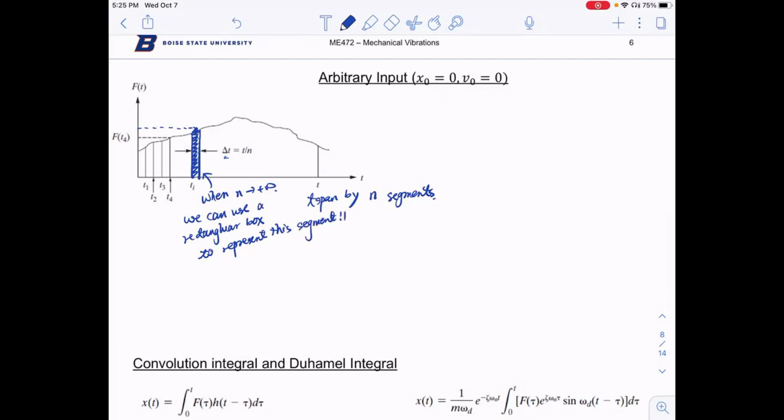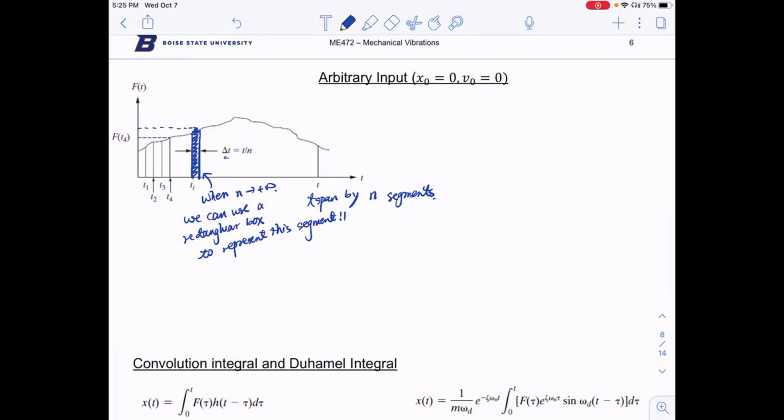Make sense? So if you cut your arbitrary force function into small slices, then for each slice, you can use a rectangular box to approximate these segments.